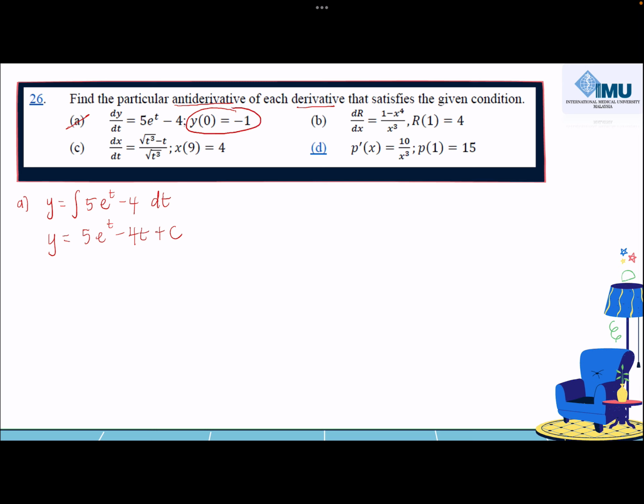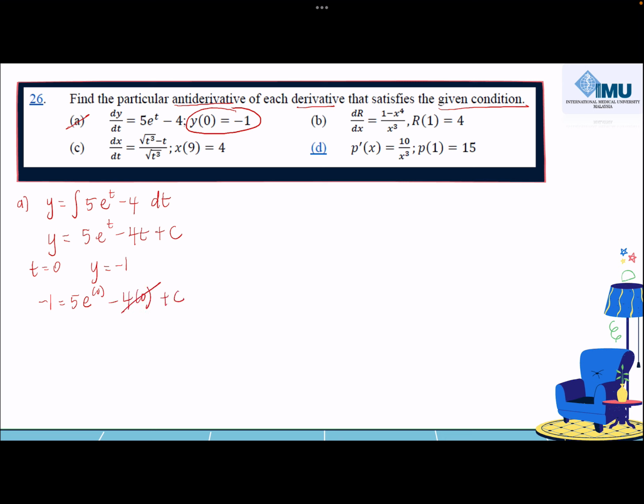They ask you to use the condition given. So what is the condition? They said that when t equals 0, y equals -1. So we substitute in: -1 equals 5e to the power of 0 minus 4 times 0 plus c.